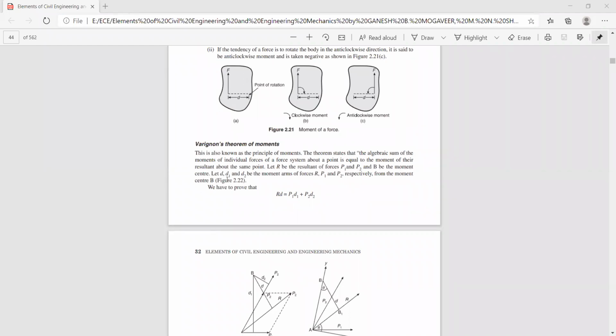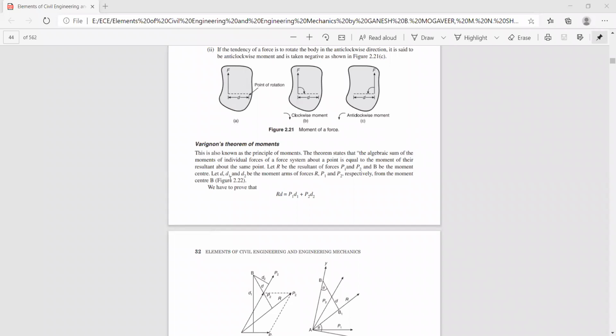Let D1 and D2 be the moment arm, also called the lever arm, or the perpendicular distance from the line of action of the force to the point about which the moment is taken.